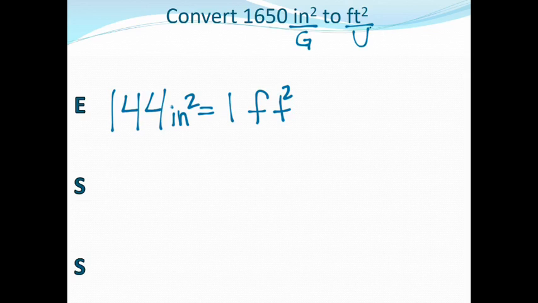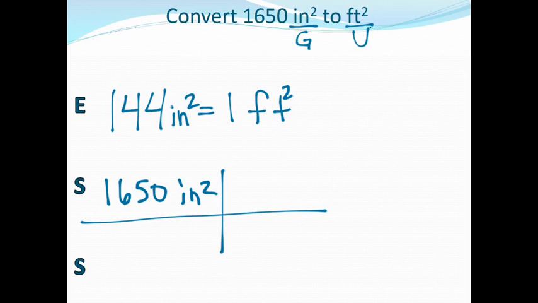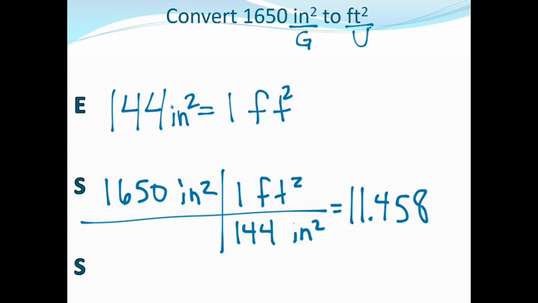And now that we have that equation ready and I've explained it enough, this process is simple enough. If I take that 1650 inches squared, then I need to have my inches squared for my equation on the bottom and 1 foot squared on top. And then this ends up coming out to 11.458 and some more numbers in there.